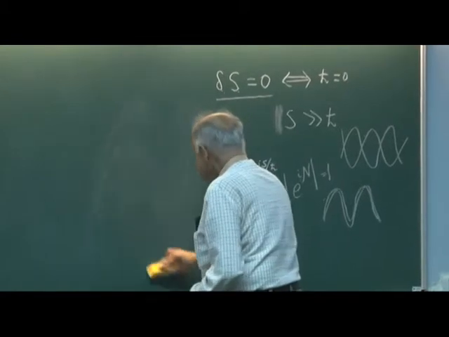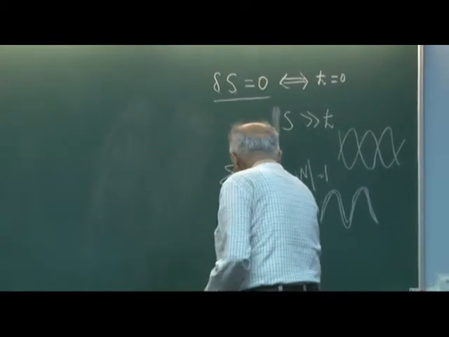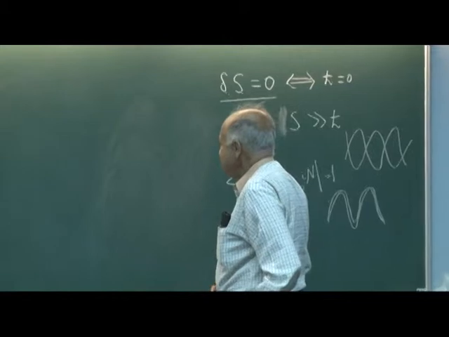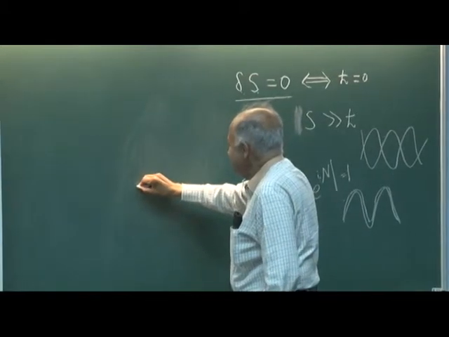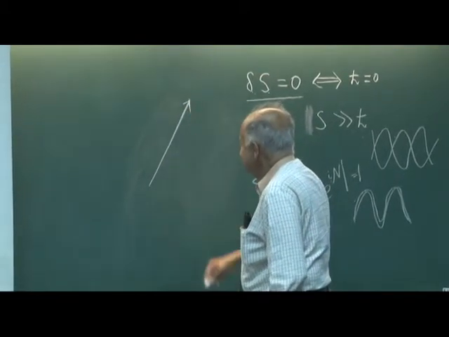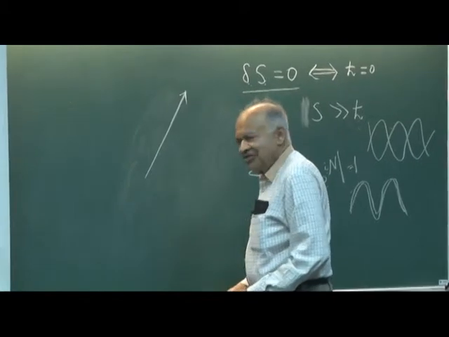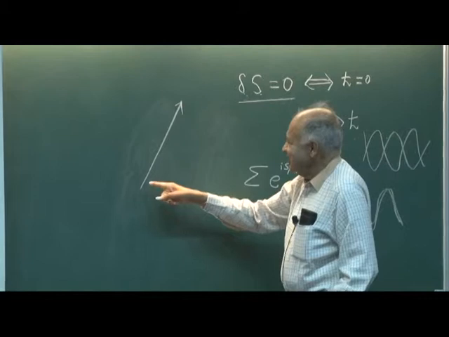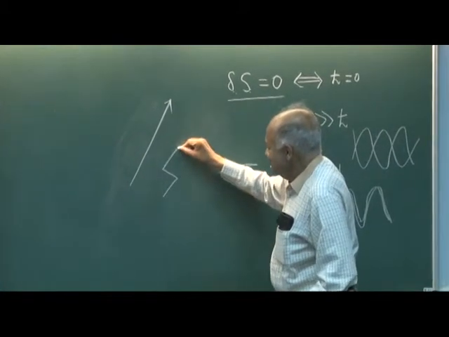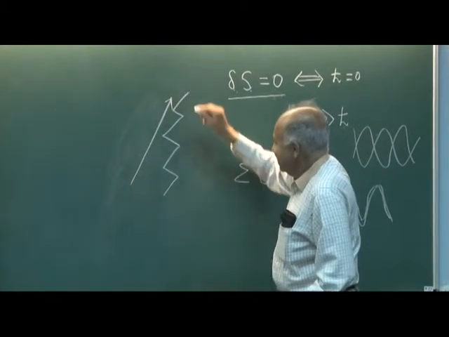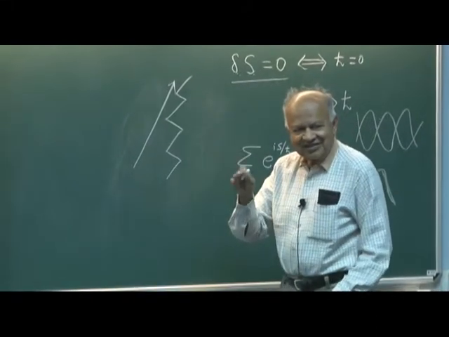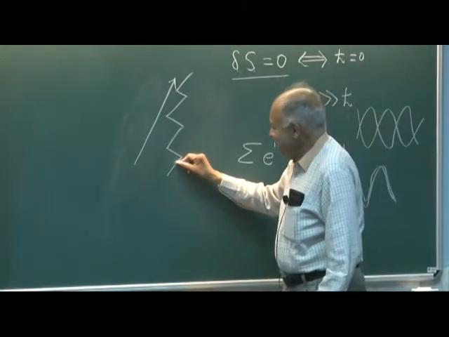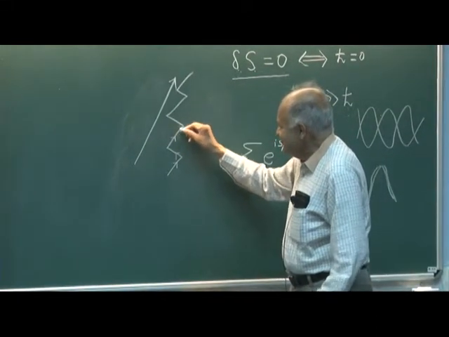If you look at the electron going in a relativistic way, you do not make it go like this, but it goes in a kind of zigzag fashion, and each of these are null sectors.